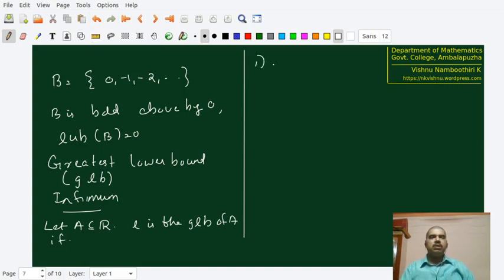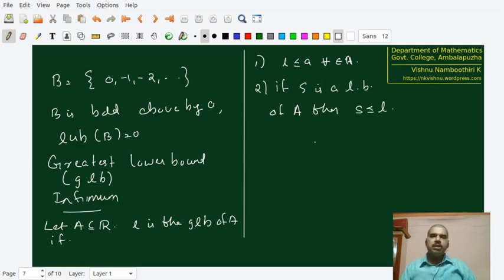Condition number one is that L is less than or equal to a for all a in A. That means every element in A must be greater than or equal to L, or L lies below all the elements in capital A. Second condition: if S is a lower bound of A, then S is less than or equal to L. That means that any other lower bound must be less than or equal to L. In this case, we say that L is the GLB of A, greatest lower bound or infimum of A.